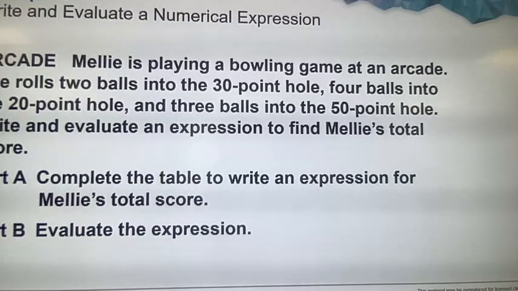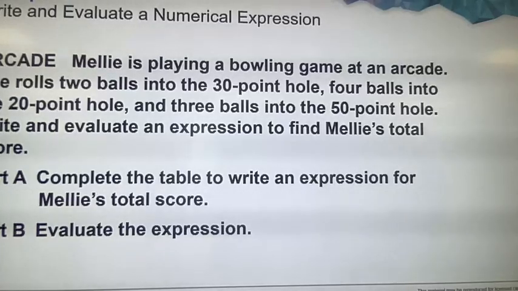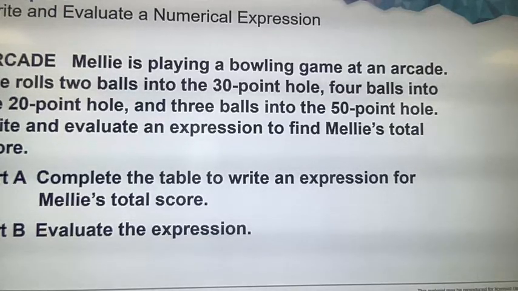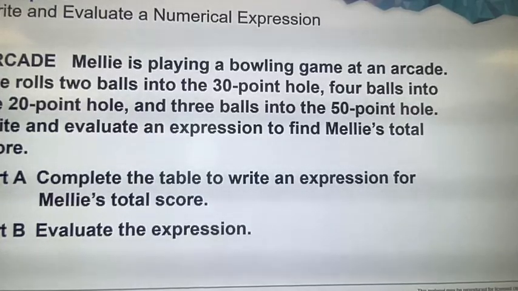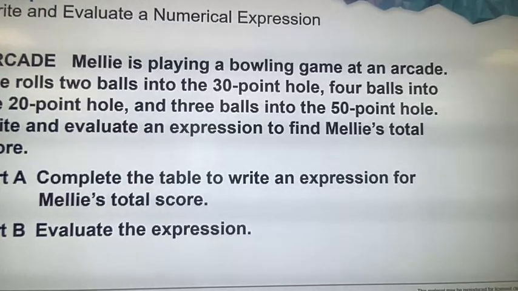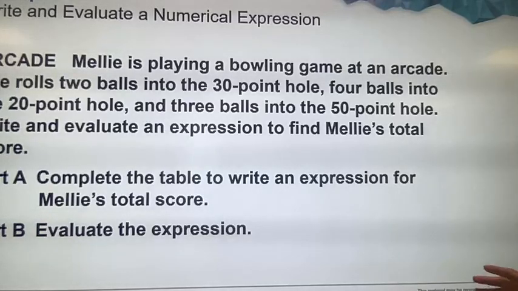All right. So if I go over here, we are going to complete the table, or I'm just going to write it out to show you, to find Melly's score. Okay, so we have 2 balls rolled into the 30-point hole. So what would the expression for that be?